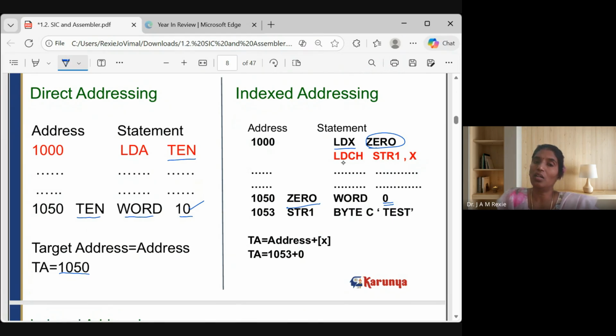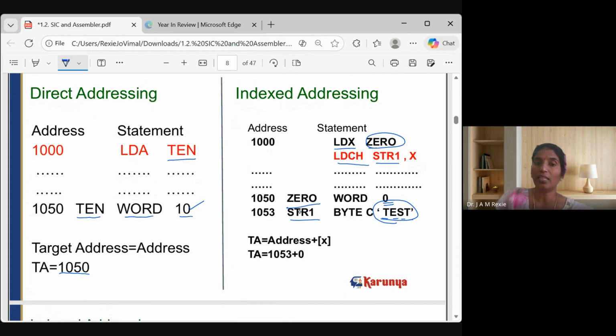Now load the character str1. At str1, what we are finding is TEST, a string of characters is given. Okay, so they are represented by bytes. So TEST, individual characters I'm having.